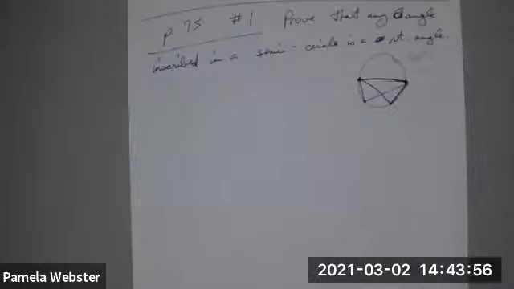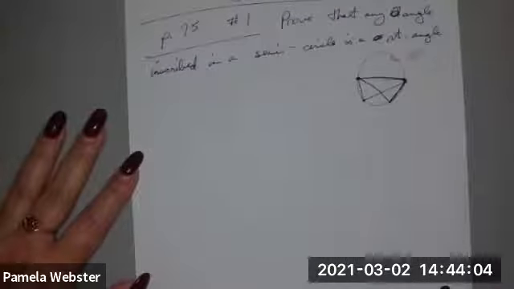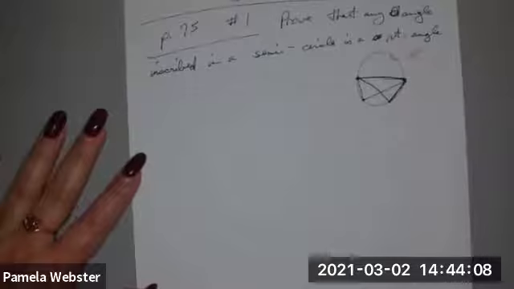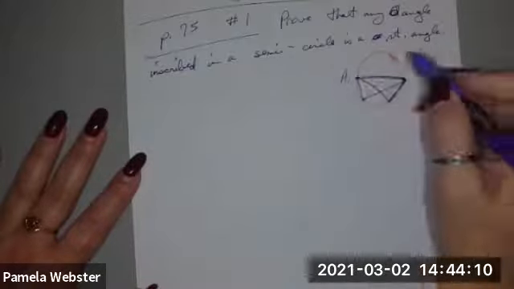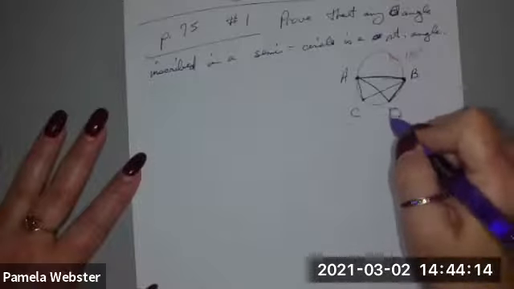Inscribed in there, and they're asking, are these 90 degrees? Well, what kinds of stuff do we know? Let's give some labeled points: A, B, C, D. I don't need both of those triangles. I could just do one triangle if I want to.